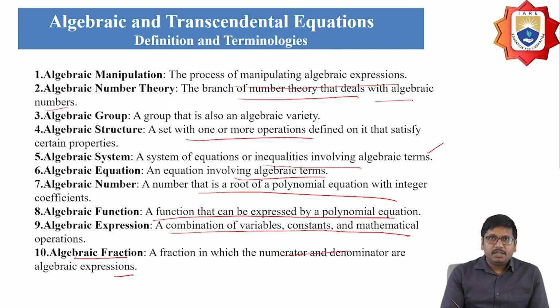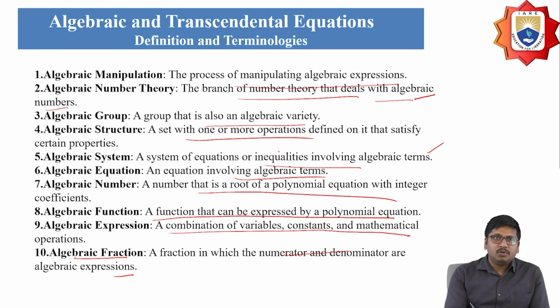Algebraic manipulation means the process of manipulating algebraic expressions. Algebraic number theory means a branch of number theory that deals with algebraic numbers. An algebraic group is a group that is also an algebraic variety.